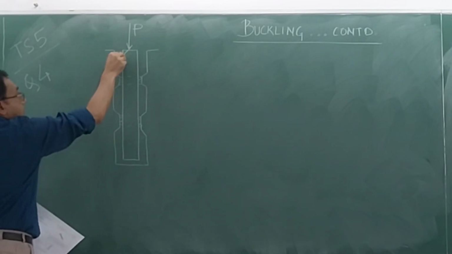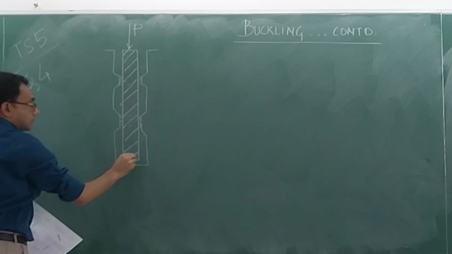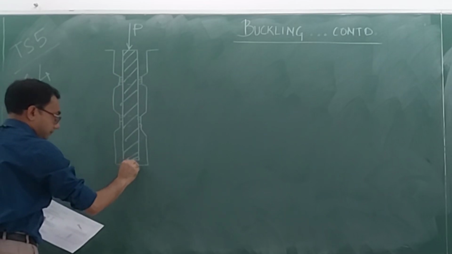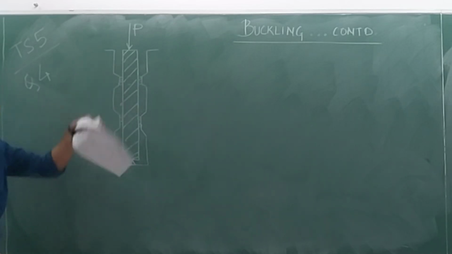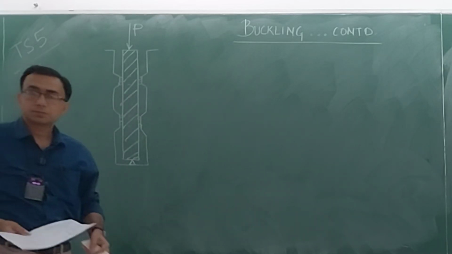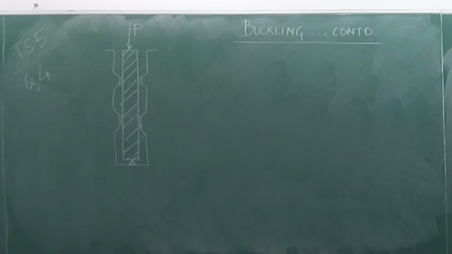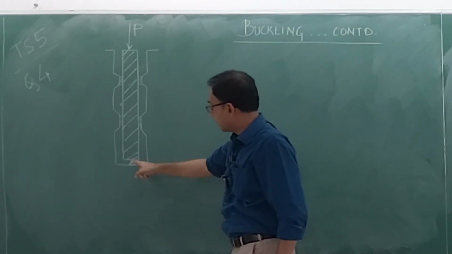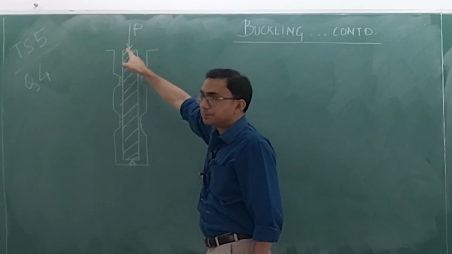So this hatched part, that is our column. Okay. Now this column has been set up in a very special way so that different parts of it are under different conditions. Please note that at the bottom there is a pinned end and at the top there is a free end.